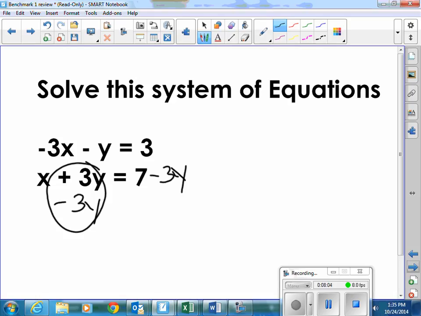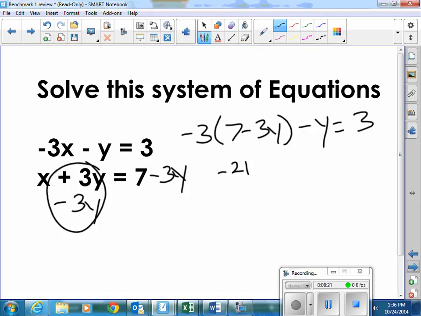Well, if x is 7 minus 3y, I'm going to rewrite the top one as negative 3 times x, which is 7 minus 3y, minus y equals 3. Negative 3 times 7 is negative 21. Negative 3 times negative 3y is, negative times negative is positive, 9y, minus y equals 3. 9y minus y is 8y.